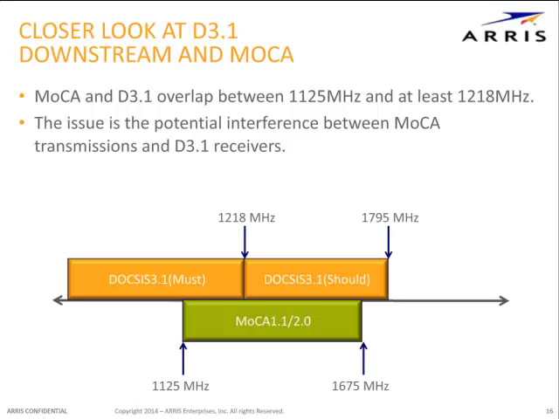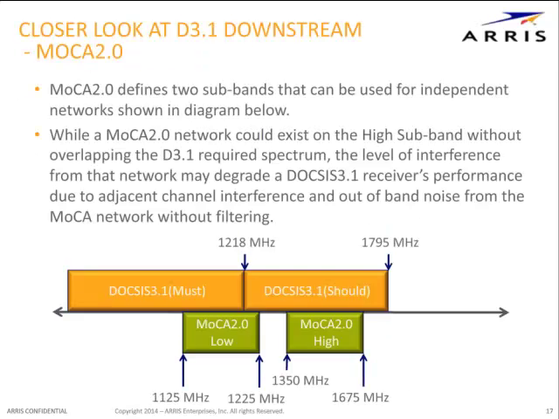So just to take a quick look at the expanded DOCSIS 3.1 downstream and MoCA. DOCSIS 3.1 specs actually go all the way up to 1.8 gigahertz, but the must band goes up to 1218 megahertz. And this substantially overlaps with MoCA. If we look at MoCA 2.0 in particular, MoCA 2.0 actually has two bands, a low band and a high band.